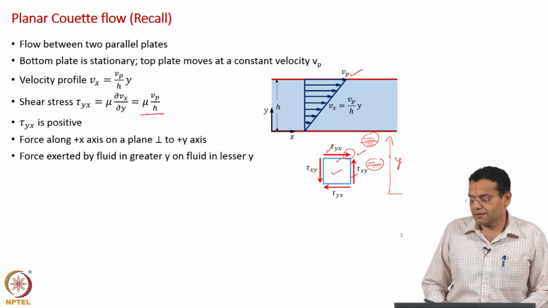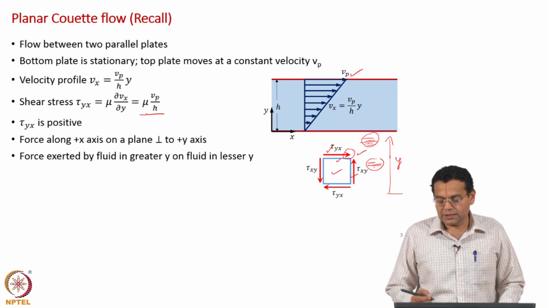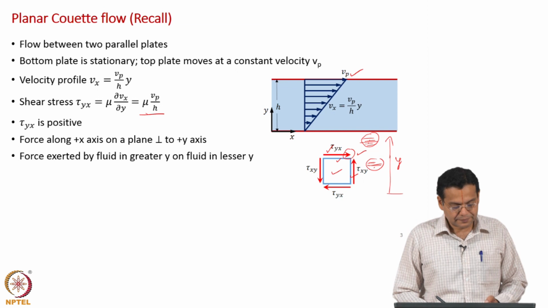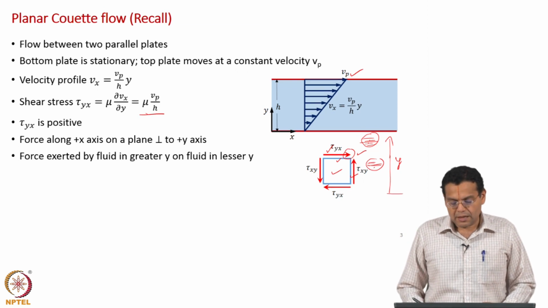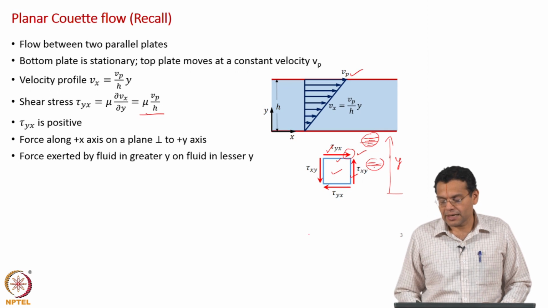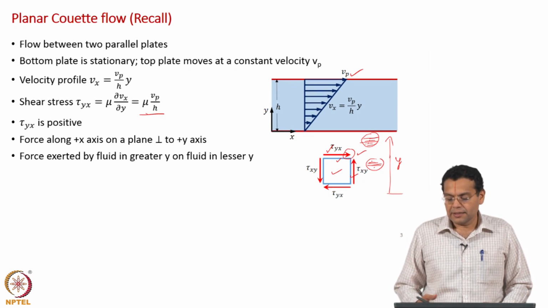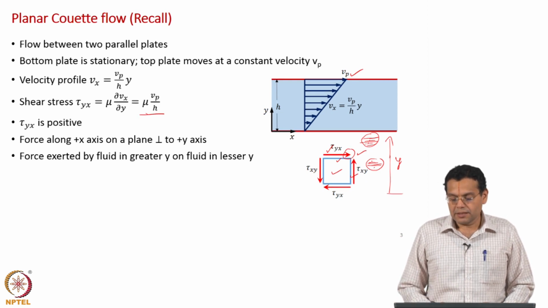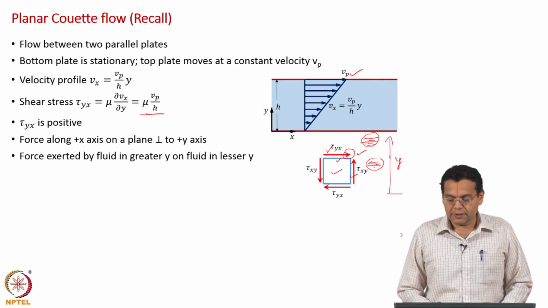Of course, we have seen this several times, but we can look at this in this way also. Okay. And why is that? The fluid here flows at a higher velocity compared to fluid at a lower y, and hence the fluid in the top region exerts force in the positive direction on the fluid in the lower region.